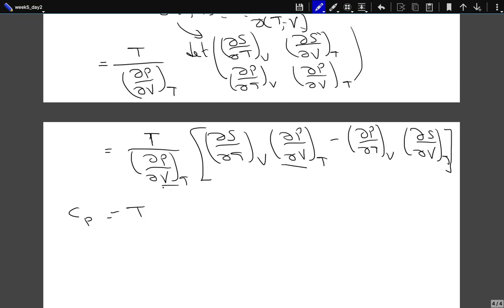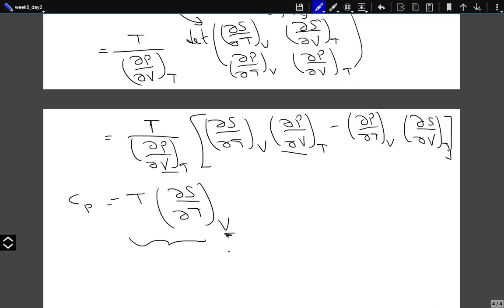They are the same thing. So I have del S by del T at constant volume. But remember, T times dS is nothing but dq. So this is dq by dT, the heat capacity at constant volume. So this is nothing but Cv.